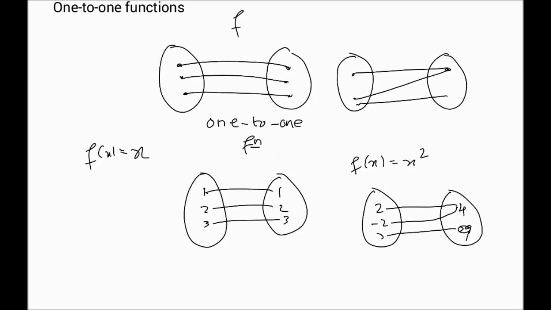But you see that 2 and minus 2 are both mapped to 4. So what does that tell you? Is x squared a one-to-one function? Of course not. So this is not one-to-one, and this one is one-to-one. So I hope that's clear as to how functions are one-to-one.